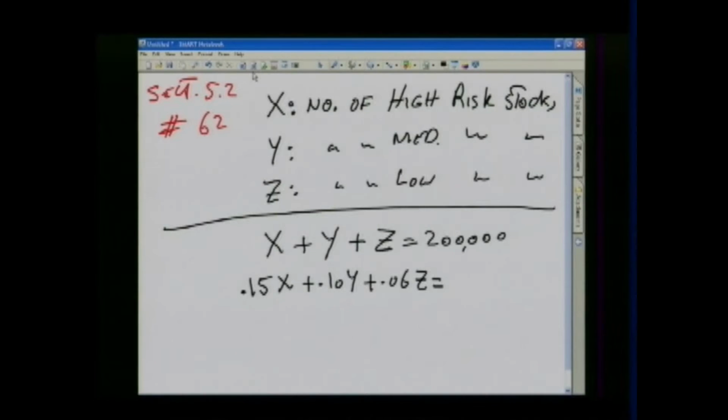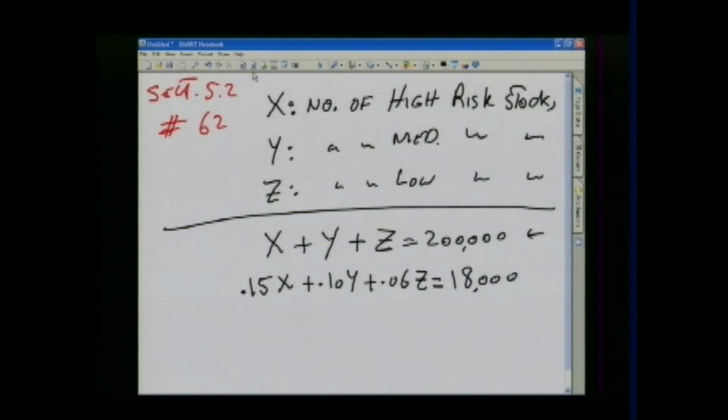Since the total investment is $200,000, 9% of $200,000 is $18,000. So that equation, second equation, is talking about the return. First equation is talking about total money available. The second equation is talking about return.